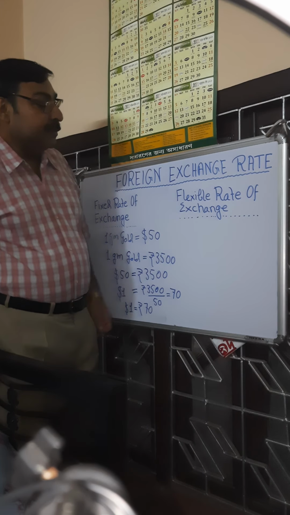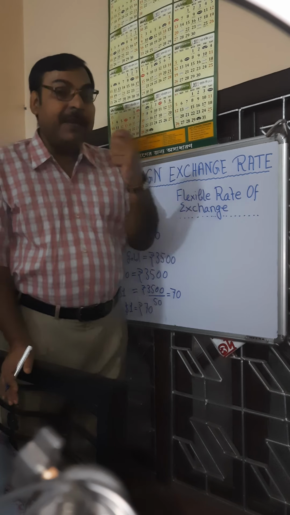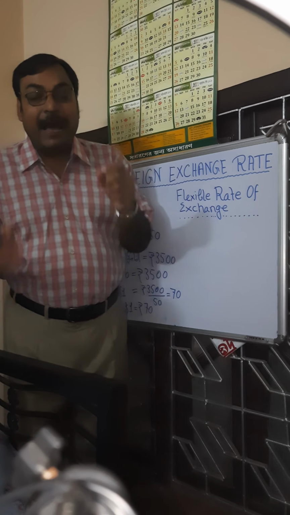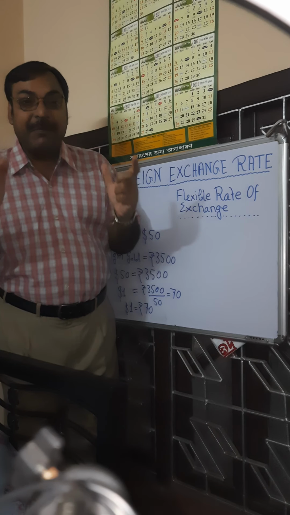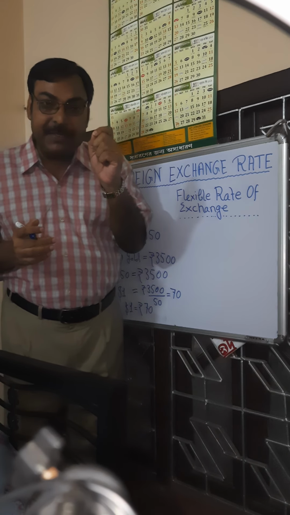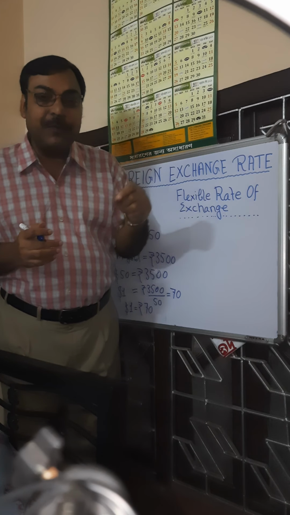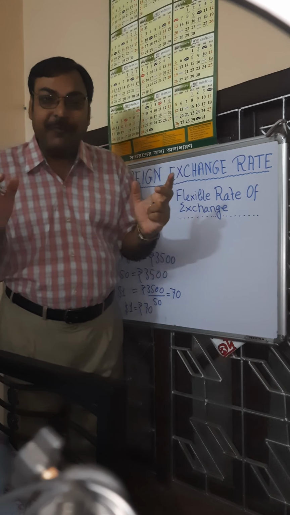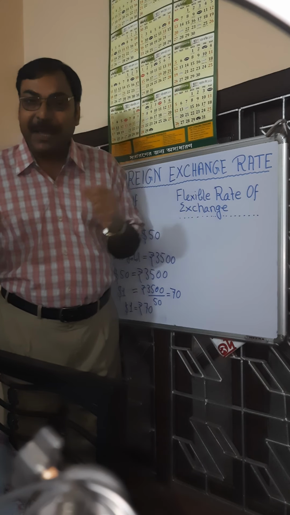Now, we will consider flexible rate of exchange. Flexible rate of exchange is absolutely determined by market mechanism. Like the price of a commodity, it is also determined by the interaction between demand for foreign currency and supply of foreign currency.